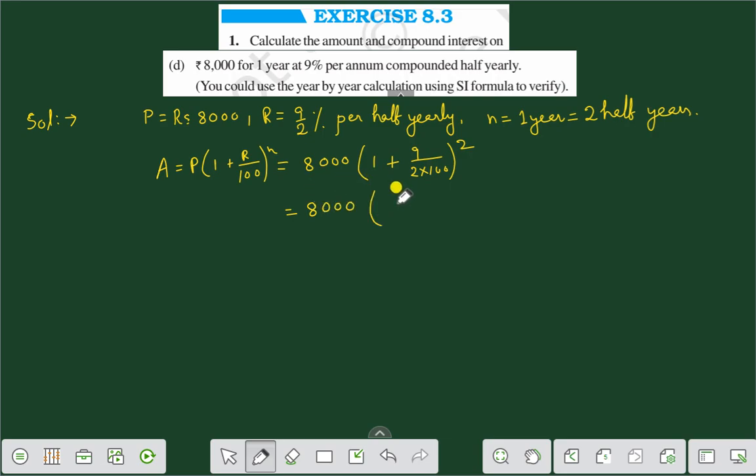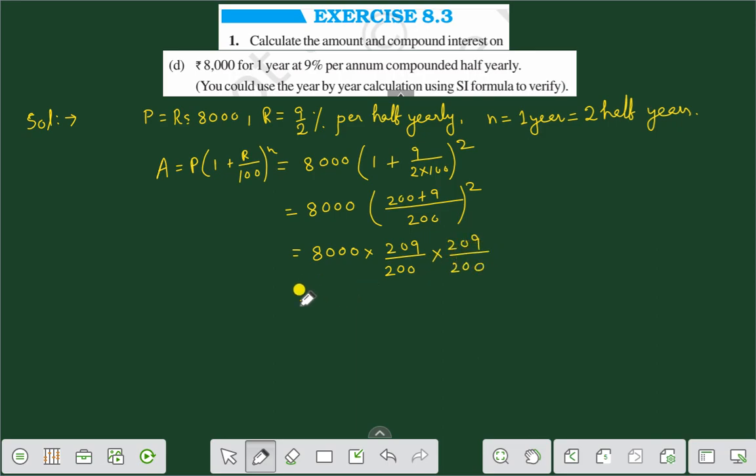into, here it is 200 plus 9, to the power 2. That is, we are getting 8,000 into 209 by 200 into 209 by 200.